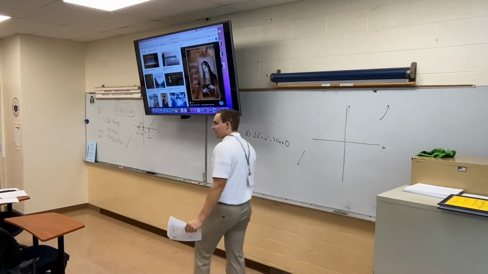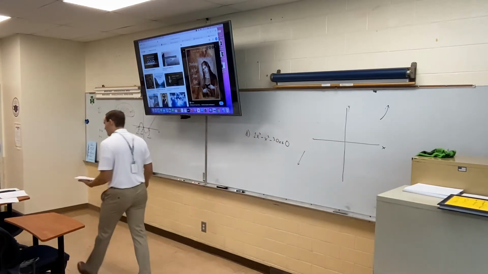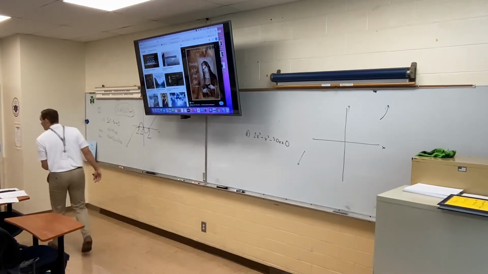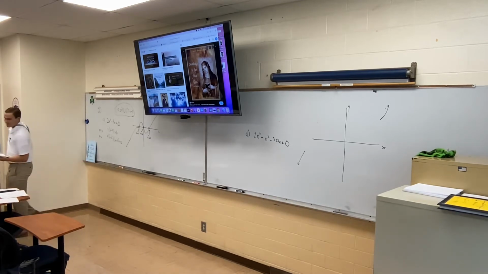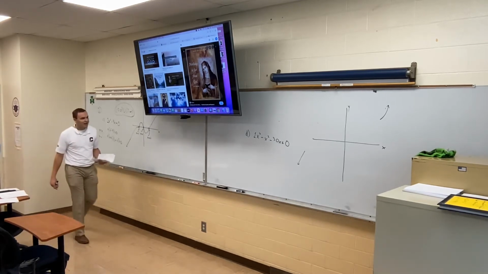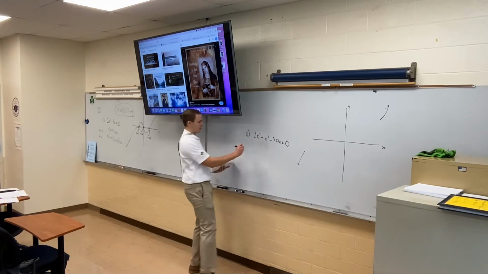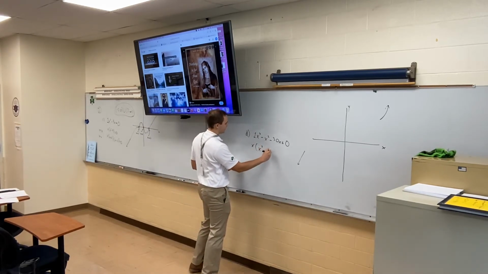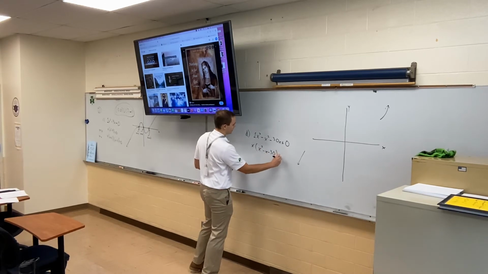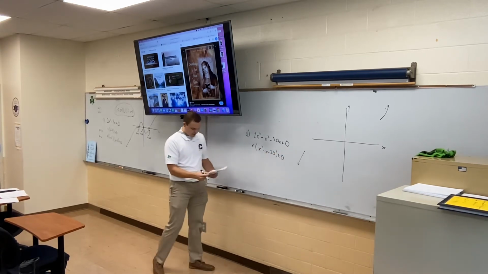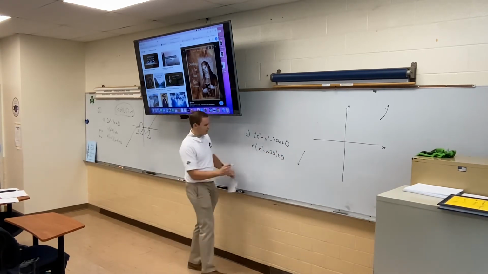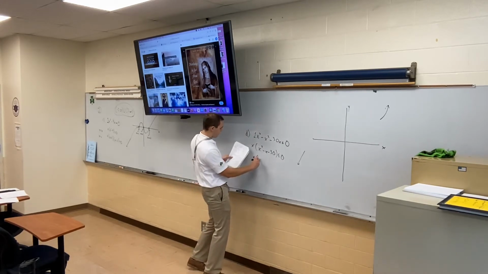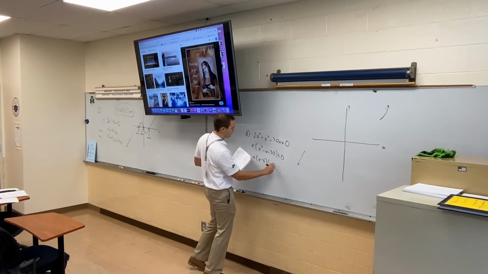Okay, zeros. How do I start finding my zeros? Ava? Yeah, so I'm going to factor out an x. So I have x times x squared minus x minus 30 is less than or equal to 0. Okay, I can factor this. I can factor my quadratic here to x minus 6 times x plus 5.